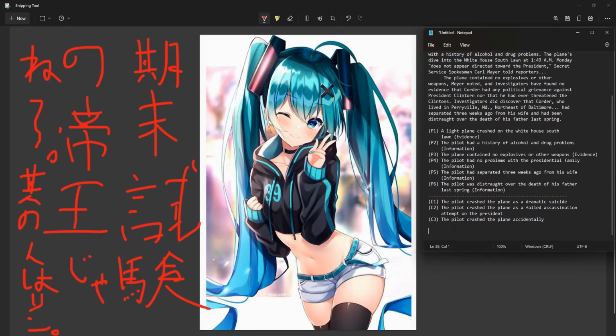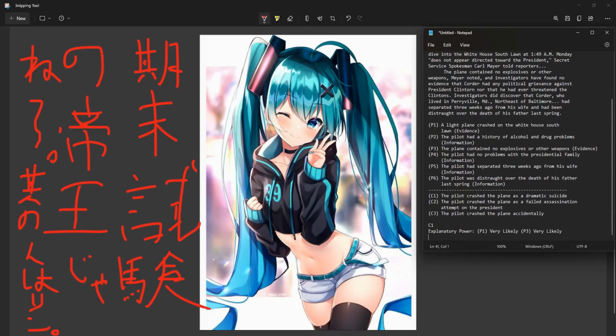Okay, let's evaluate them. Explanatory power. P1, very likely. For P3, very likely. This is for C1, by the way.